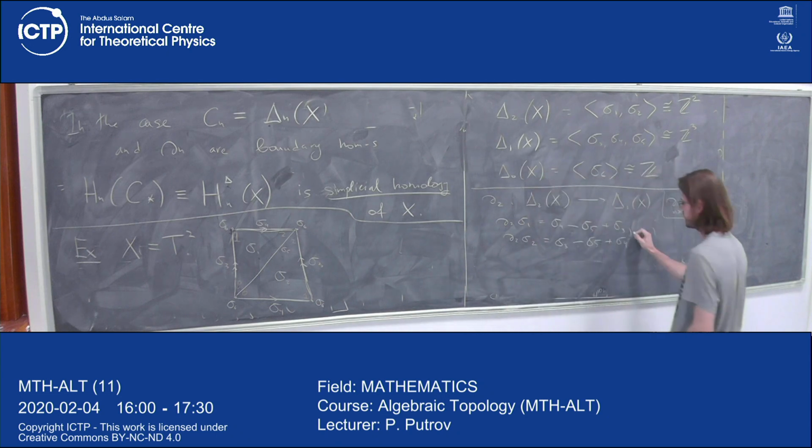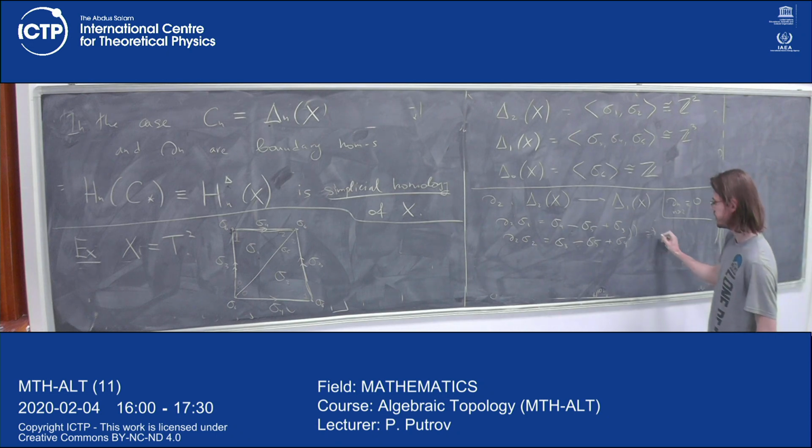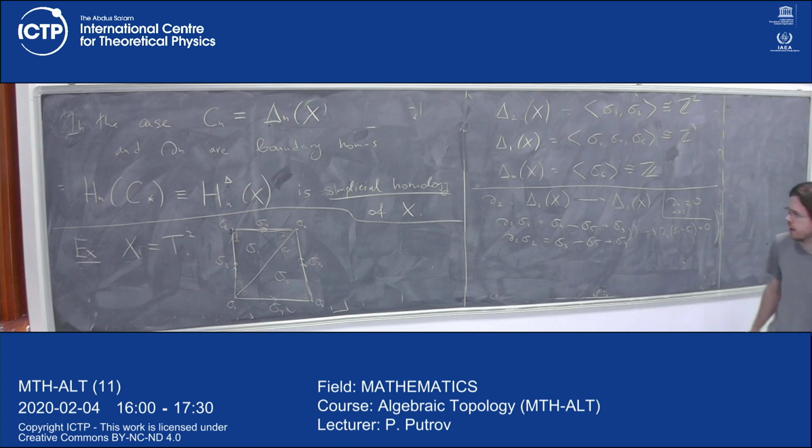So I see this guy is actually the same, right? The result of the boundary homomorphism of sigma 1 and sigma 2 is the same. In particular, this means that d2 of the difference is 0.